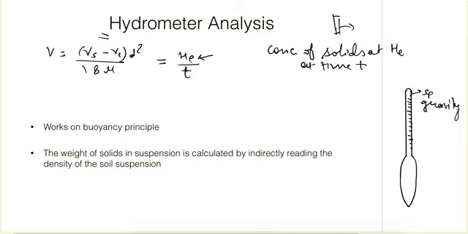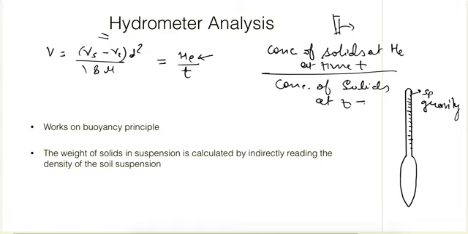So that we'll use, and if we divide it by the concentration of solids at t equal to 0, we'll get the percentage finer than d, and d at the height He is calculated using the Stokes law formula.